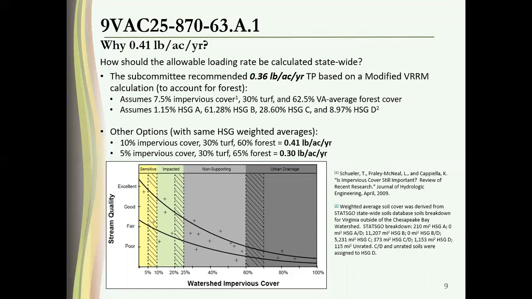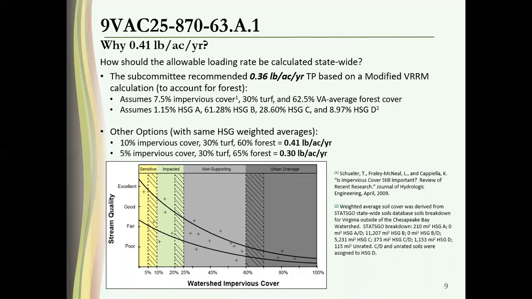And if it is managed turf, is that turf grass being fertilized? So looking at a combination of different percentages of a mixture of those three land uses over a weighted average of the 4 different types of soil groups, we come up with these kinds of numbers.